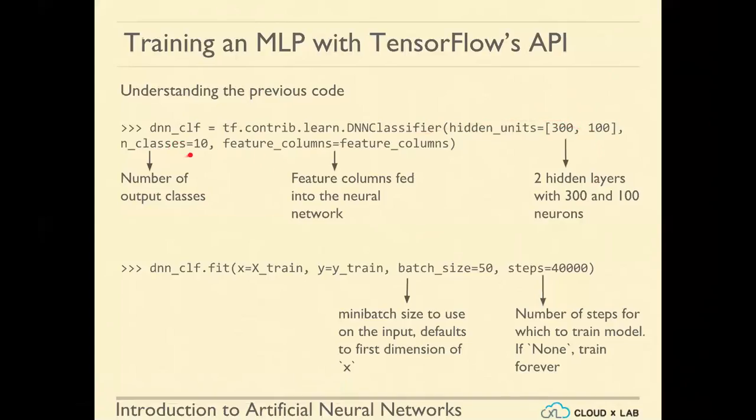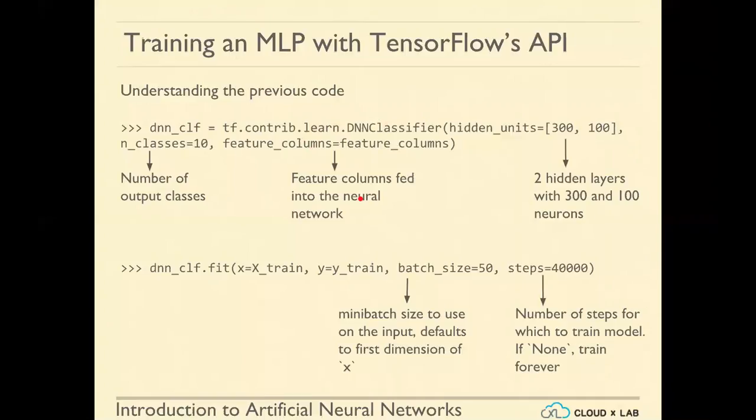Number of classes are 10. The feature columns are the ones that we want to feed. We want to inform TFLearn that we only want to process these columns, not all the columns.